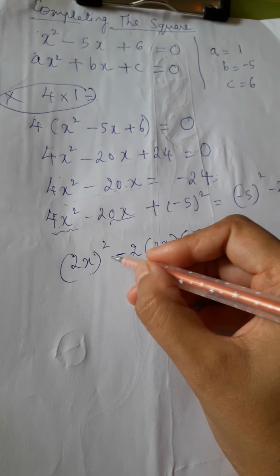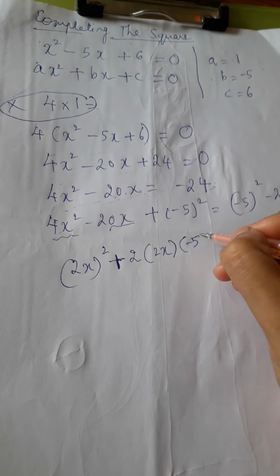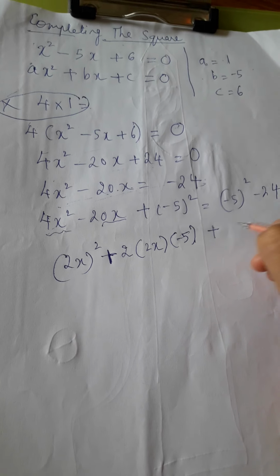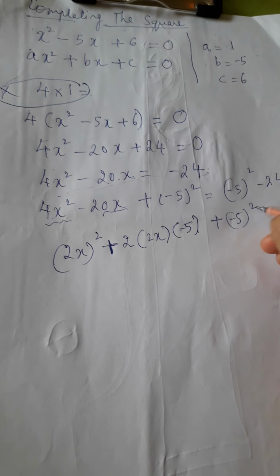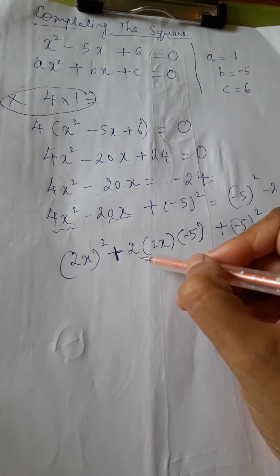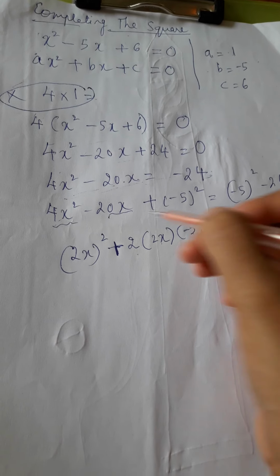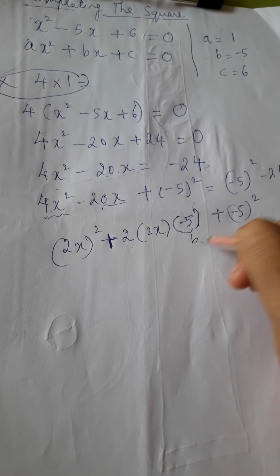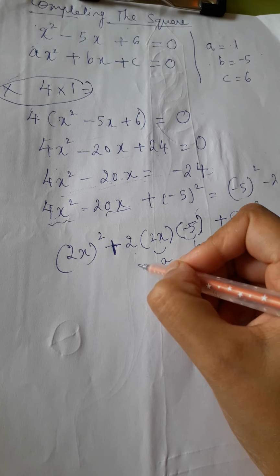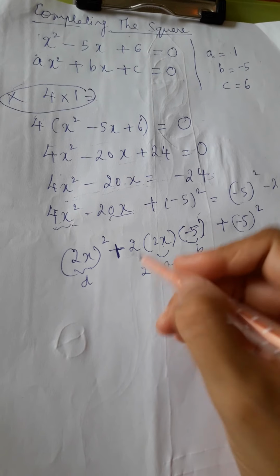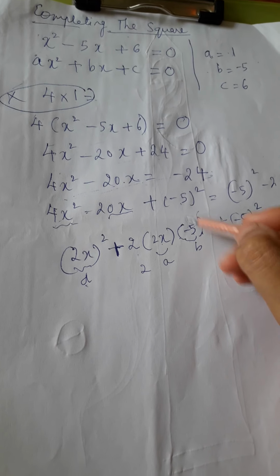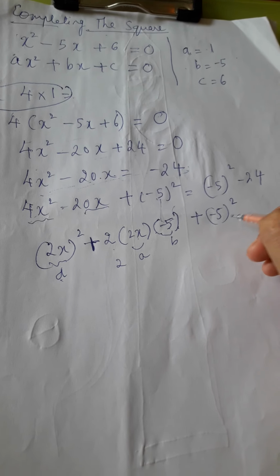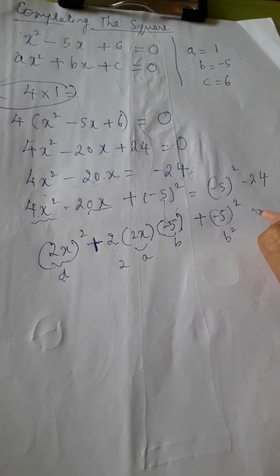So I express it as 2 into a into b. I push the minus inside so that this denotes my b. This is my a, this is the 2, this is my a, and this is the b. And this is my b square.